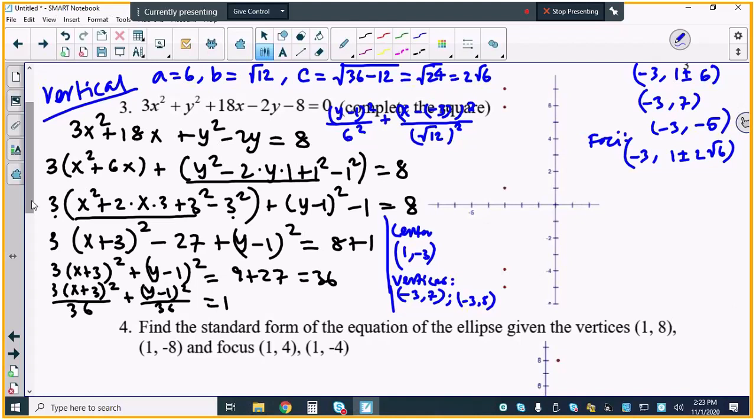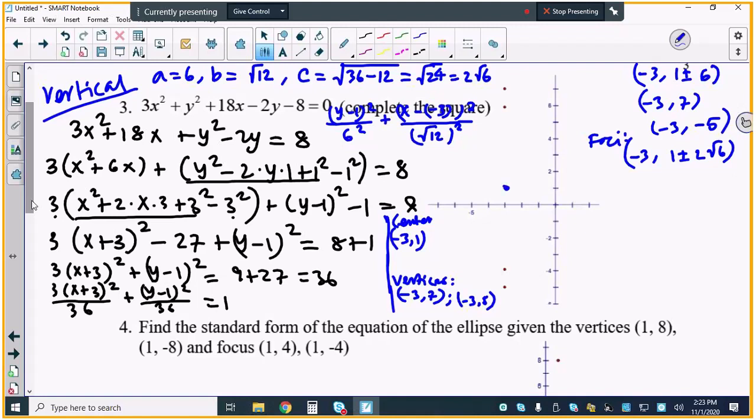First, the center of this ellipse is at 1 comma negative 3. So it should be x equal to negative 3. That's the center, I'm so sorry. The center of this ellipse is clearly negative 3 comma 1, and see that matches with our work. It's here.